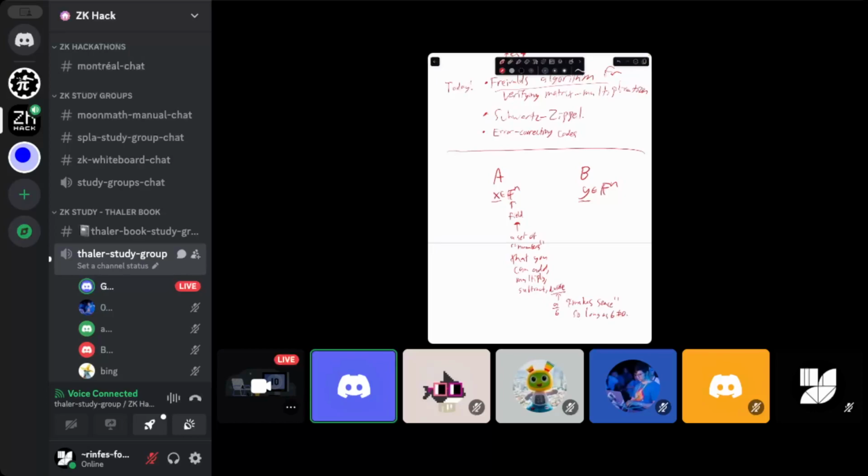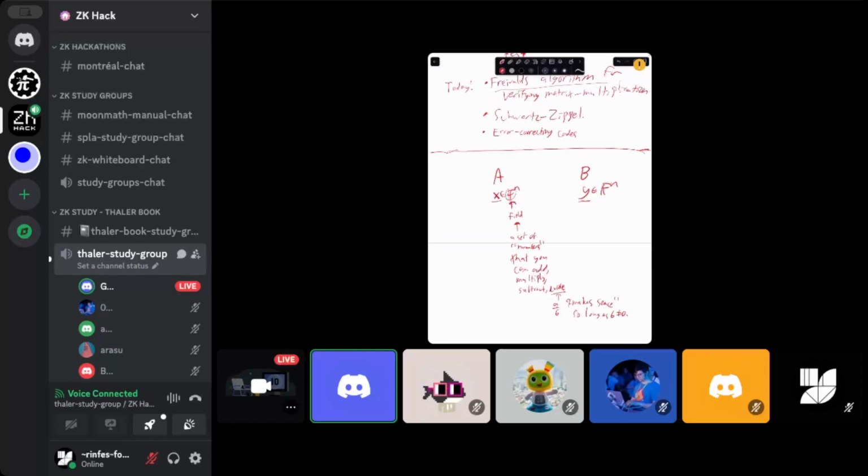So that's what a field is. If you've never seen fields before, for now feel free to just think of the real numbers or the rational numbers. SNARKs will use finite fields. The reals and the rationals are infinite size fields. But basically, a field just captures things that you can add, subtract, multiply, and divide.